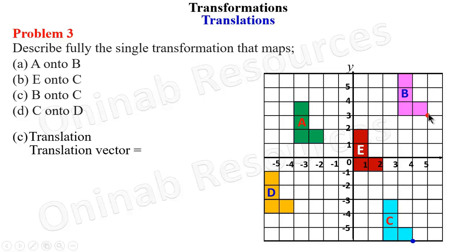So meaning this point when translated will be here. So you can see now that the x component is -1 since we moved only 1 step to the left, and since it is to the left, it is negative, and we moved 9 units downward, and since it is downward, it is also going to be negative. So that's all for problem 3C.